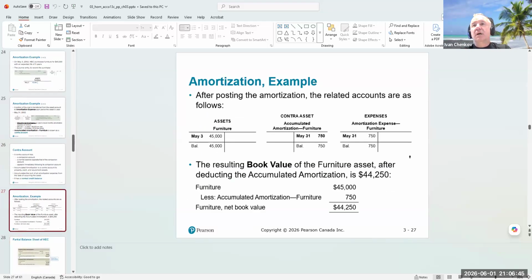One is going to start with the asset account, always having the original cost, and the contra account is going to start accumulating the amortization, which is shown as an amortization expense every period. The objective is for the accumulated amortization to reach the same amount as the furniture.